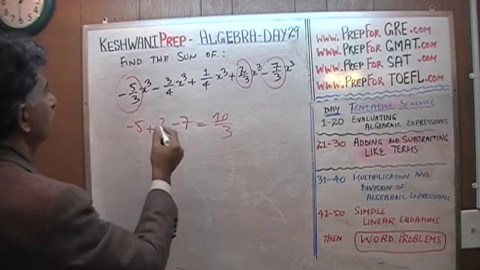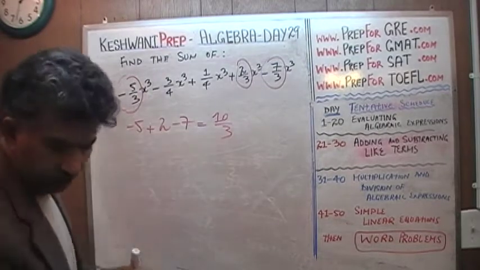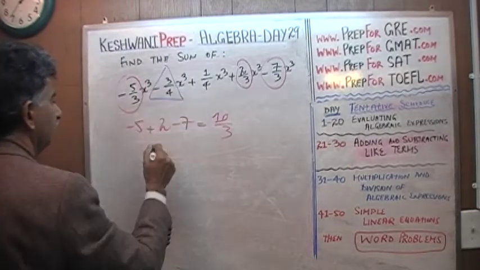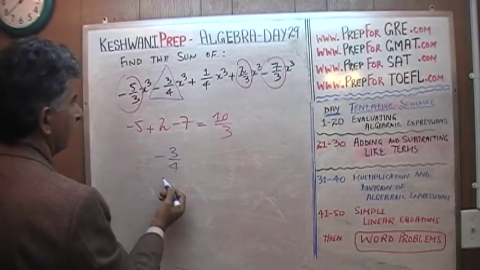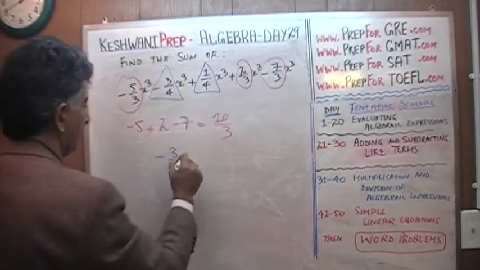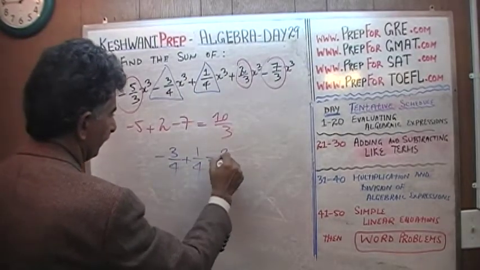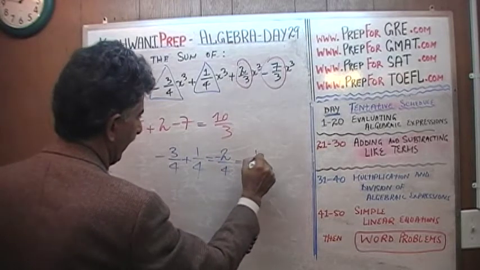And what about the fourths? Let's do the fourths a different way. Here we have a negative 3/4 and a positive 1/4. Negative 3/4 and positive 1/4 is just negative 2/4, which is the same as negative 1/2.